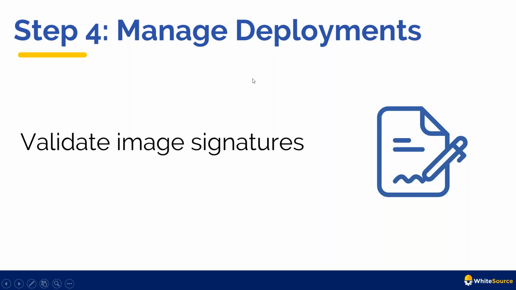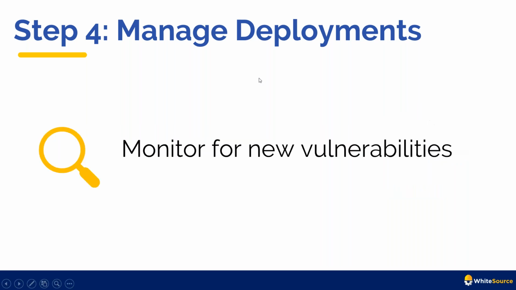Another critical step is that after everything is deployed, you still have to worry about security. You still have to get updates for newer versions, both for the Docker engine, for Kubernetes, and also at the application level. This is very important as well. And of course, monitor for new vulnerabilities.